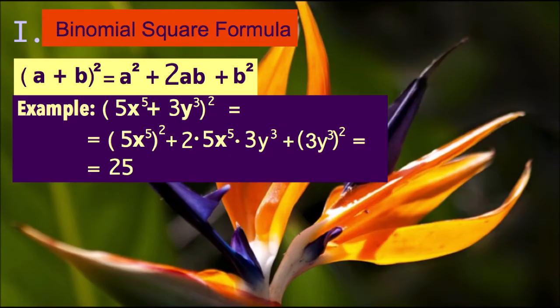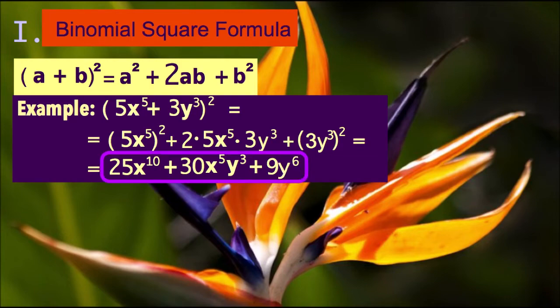Performing calculations, we obtain 25x to the 10th, plus 30x to the 5th, y to the 3rd, plus 9y to the 6th.